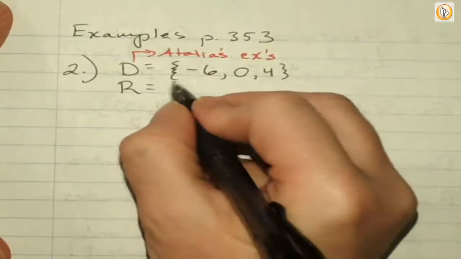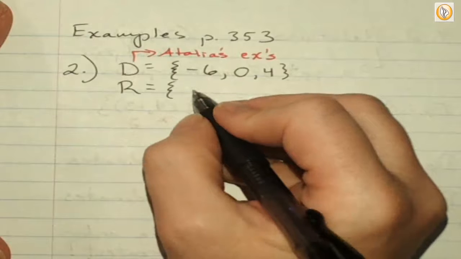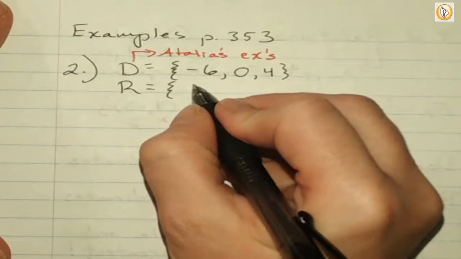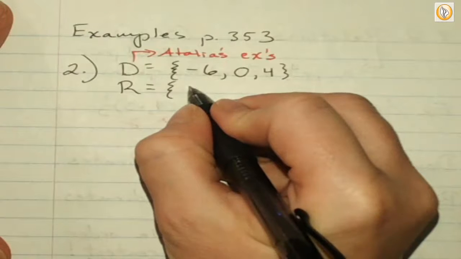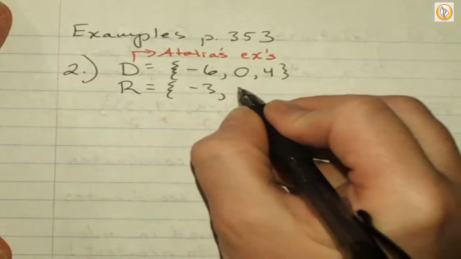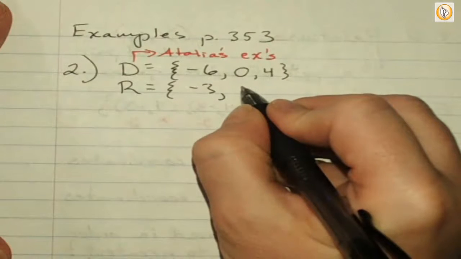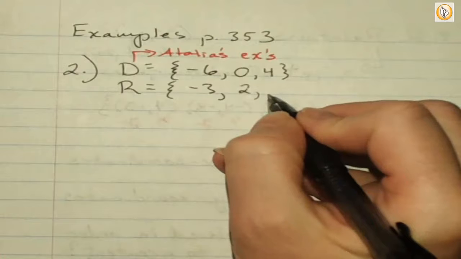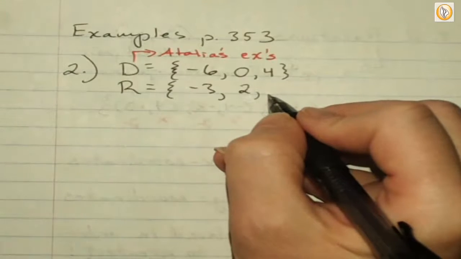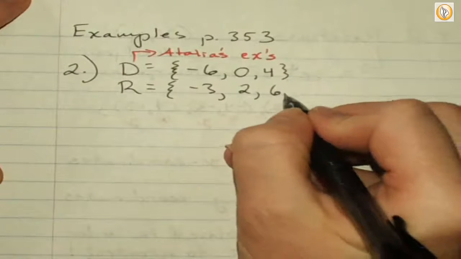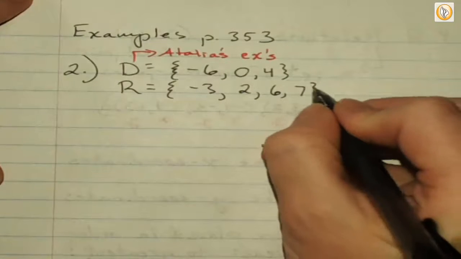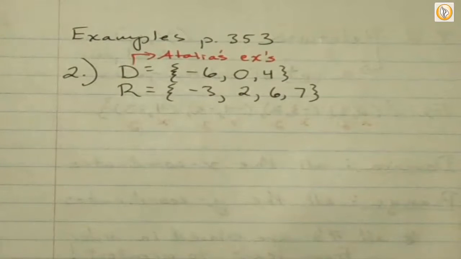Kelly, what's the range? -3. 2. 6. And then what's next? 7. Very good. Okay. I think y'all understand the first part.